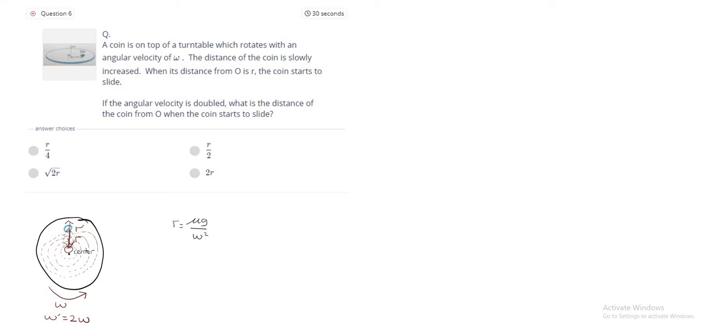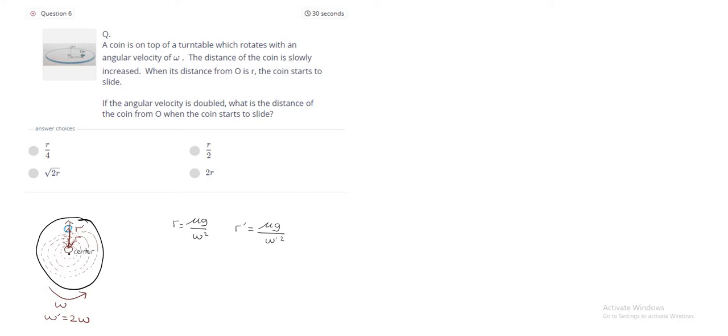So this is the equation for the old situation. For the new situation, the mu won't change because it's still the same coin and the same turntable. The g won't change as well because acceleration due to gravity is 9.81, and omega will be the new omega squared.